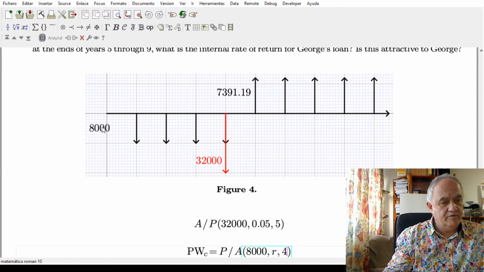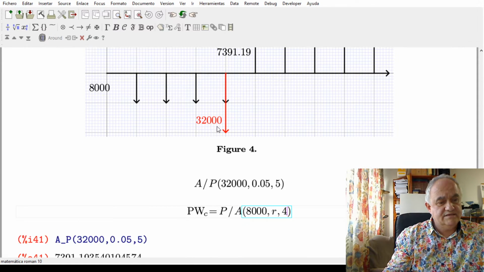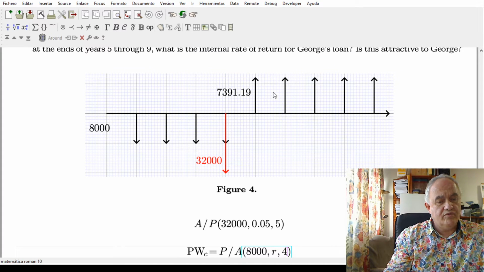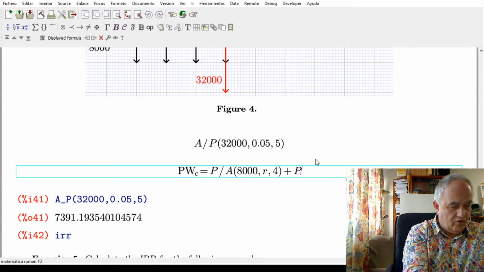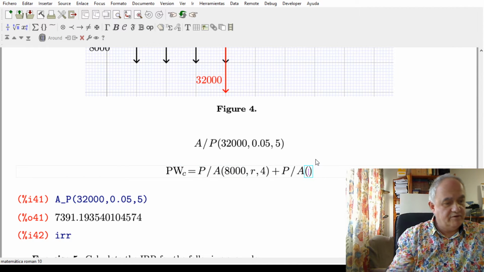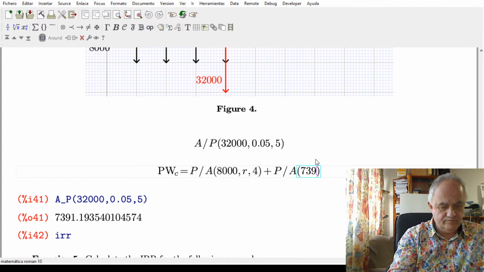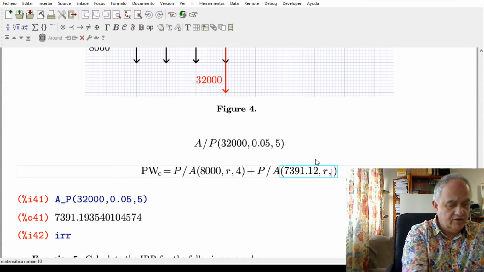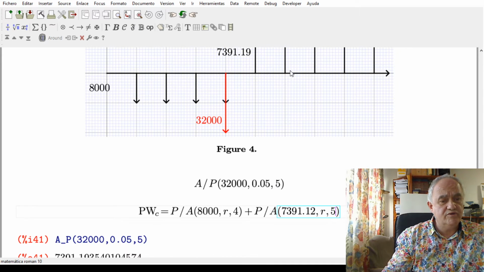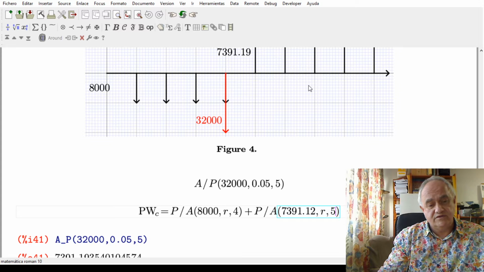Okay, and this will be reduced, taken here, plus the present worth of these 5 payments, plus P over A of these 5 payments whose value we know now, for an unknown rate of interest we have to determine, during 5 years. Okay, but this will reduce all these payments to its present equivalent. It's not 32,000 because we don't know what the actual rate of interest has to be.